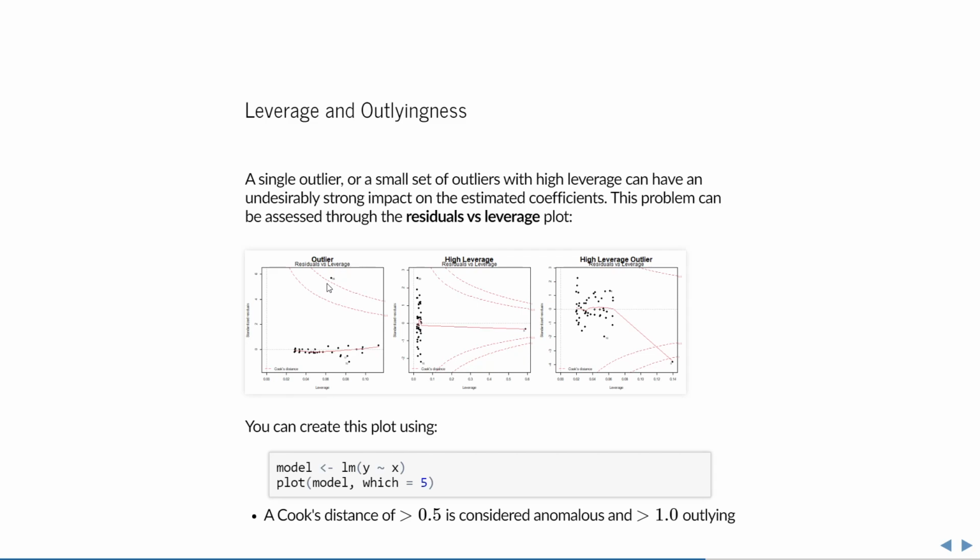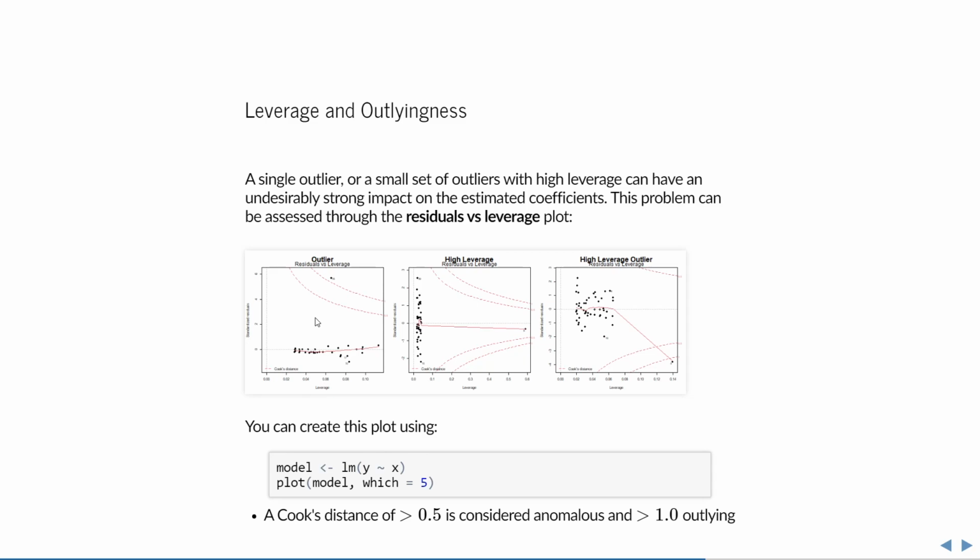Now, if they do, and they're beyond the first border, then that is considered anomalous. And if they're beyond the second border, so greater than 1, that is considered outlying. But even if an observation is outlying, it can still correspond to the rest of the trend in the data. And if that's the case, then it doesn't have very high leverage.